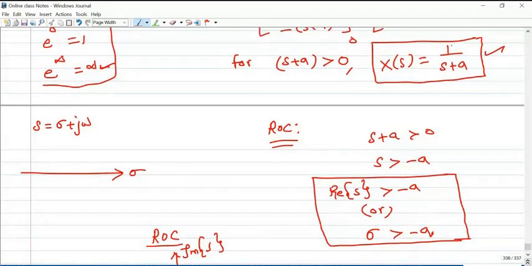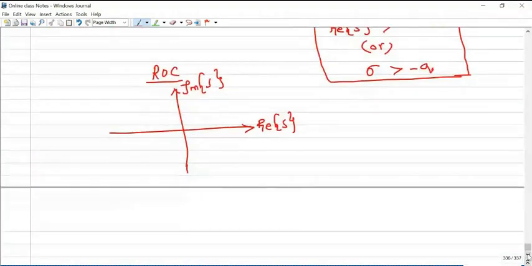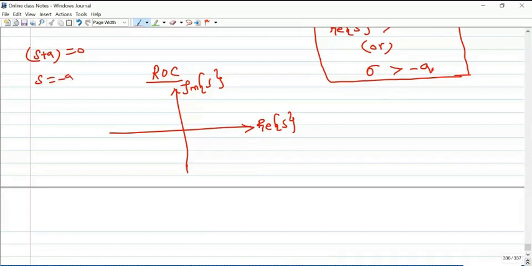In the numerator, there is no s term, so zeros are not there. In the denominator, s plus a, only one term is there. So only one pole, that is s equal to minus a. s plus a equal to 0, so s equal to minus a. So this is the pole. Only one pole available, that is at minus a.